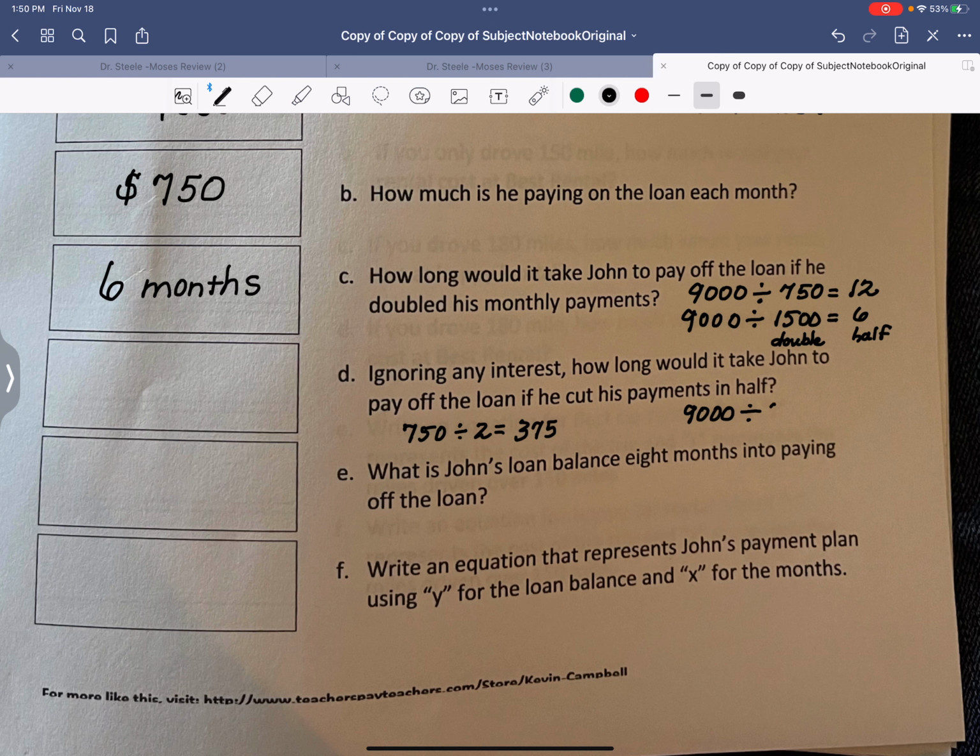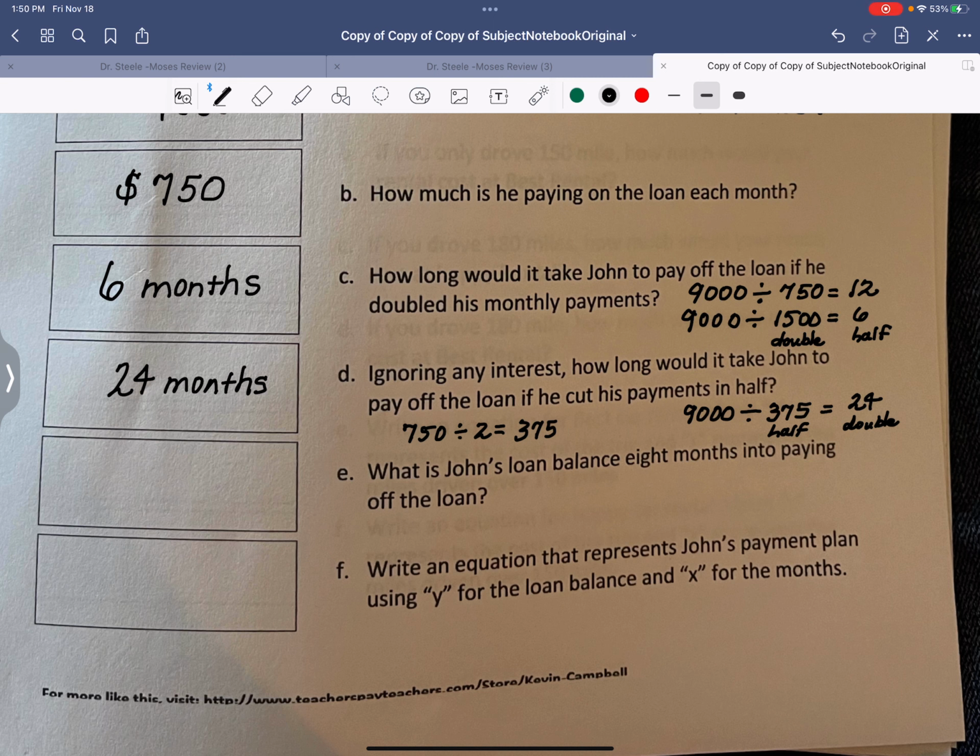So always be sure. Okay, so if you halve this amount, that means the other amount is going to get bigger. It's going to double. So 12 times 2 is 24 months. That's called inverse proportionality, where one gets bigger, the other gets smaller at the same rate.